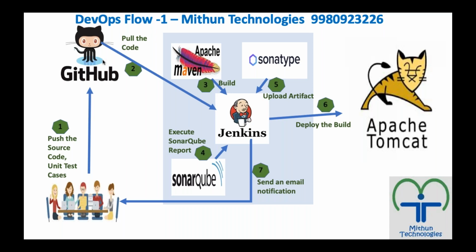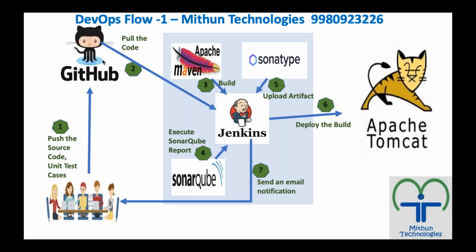Without admin access, can we configure the GitHub webhook? No, right? Not possible. Then he configured Poll SCM because he had access to the Jenkins job. At the Jenkins level, he can configure Poll SCM.